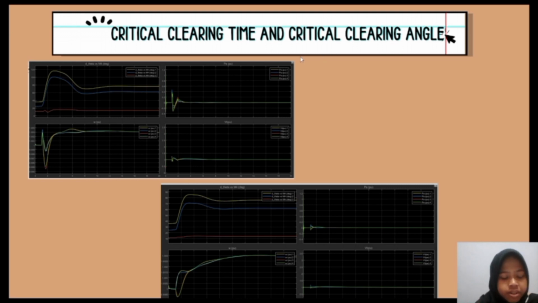The longest period of time allowed to eliminate a disturbance without affecting system functionality is known as the critical clearing time (CCT). System stability will be ensured if the disturbance is resolved before the time limit. Nevertheless, if the maximum time allowed is exceeded, the system becomes unstable.